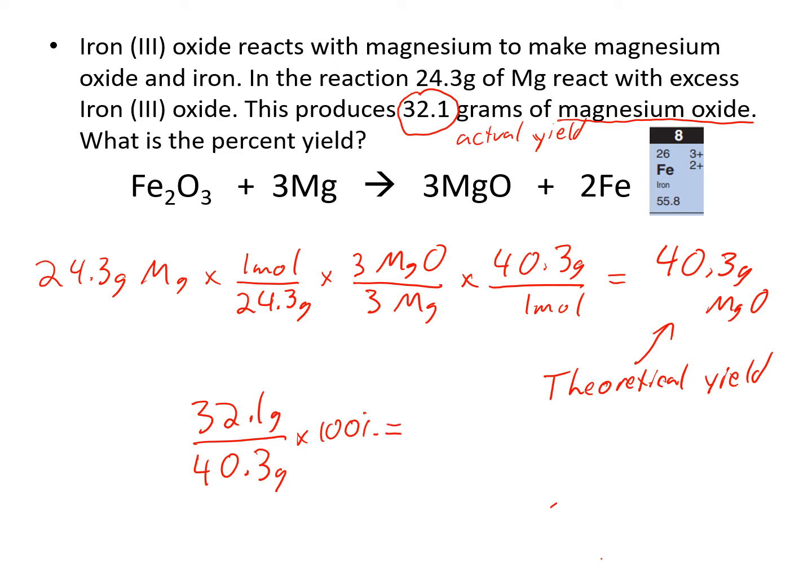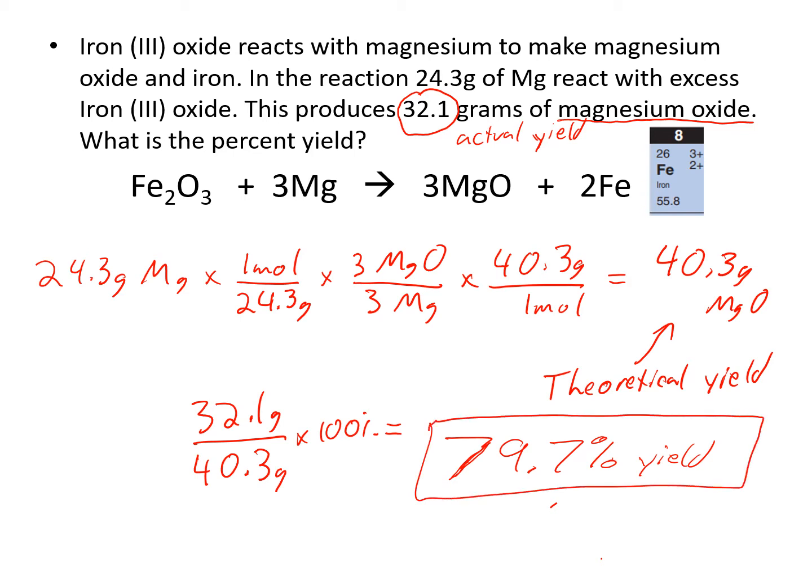So my percent yield for this is 32.1 divided by 40.3, and I get 79.65, or in other words, 79.7% yield. So what is my percent yield? 79.7.